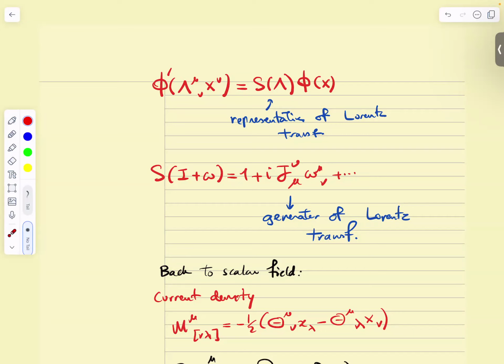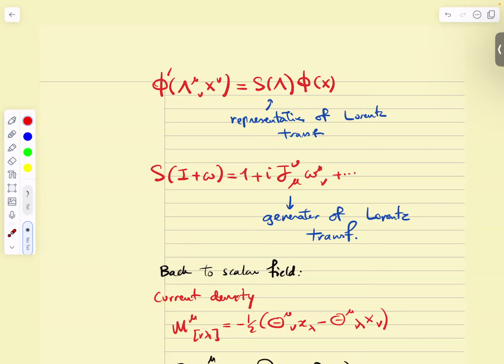What about the coordinate? Phi prime you are defining at some new position x mu prime, and on the right-hand side also, the coordinate should be x mu prime. So previously, for the scalar field, I wrote this equation.